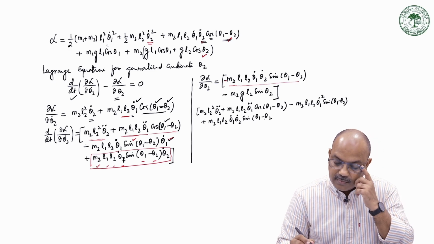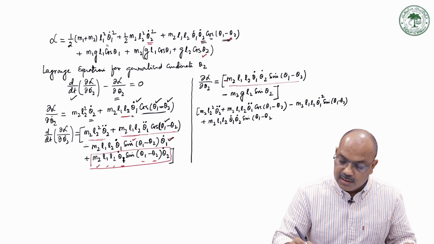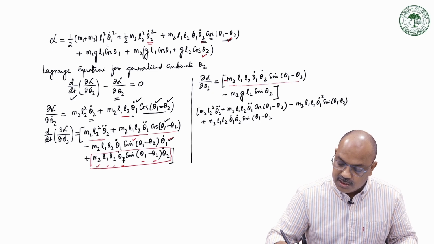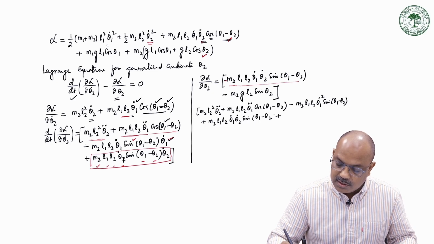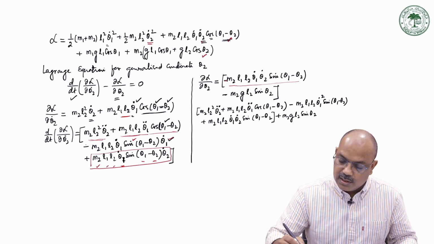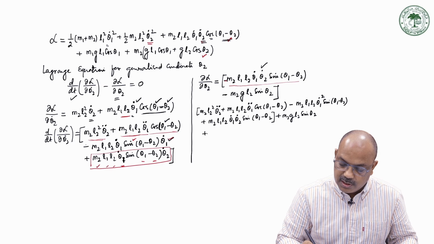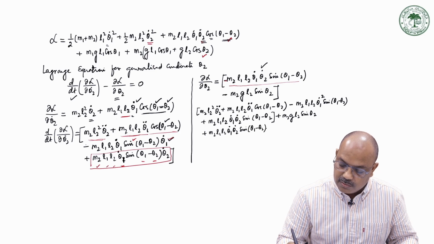Okay, and then this is minus, this is minus, minus, plus, this becomes plus m2 g L2 sine theta 2, and this term is also plus, that is m2 L1 L2 theta 1 dot theta 2 dot, that is going to be sine theta 1 minus theta 2.